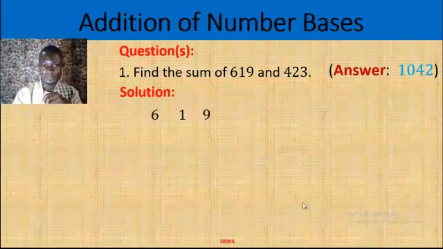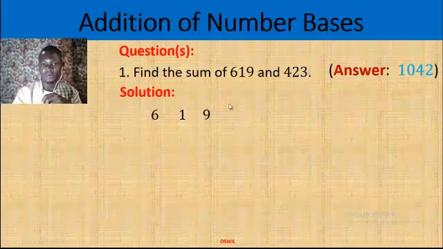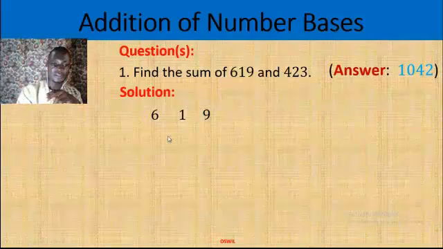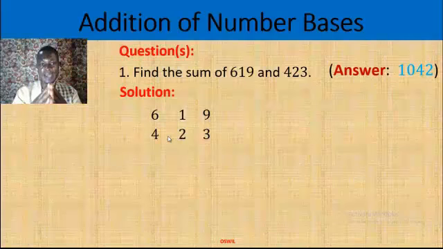Before that, we have to rewrite these numerals. So we have 619 and then 423. We have to write them such that they would be in line with each other.